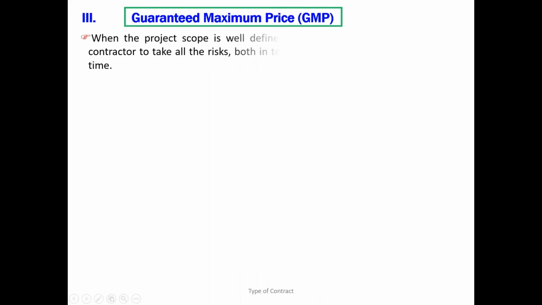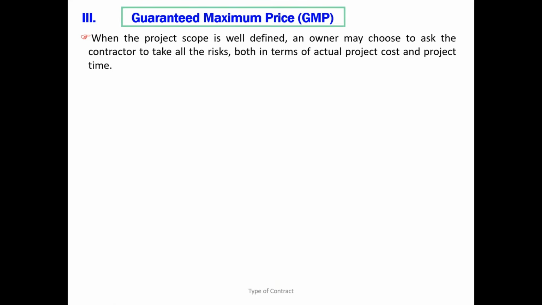That is the scenario. Mr. Contractor, tell me a price which is a maximum. If the price exceeds that, you will not get anything. That is the scenario called guaranteed maximum price. So the scope of work should be well defined, but not like a lump sum contract, but the employer agreement should be defined well.